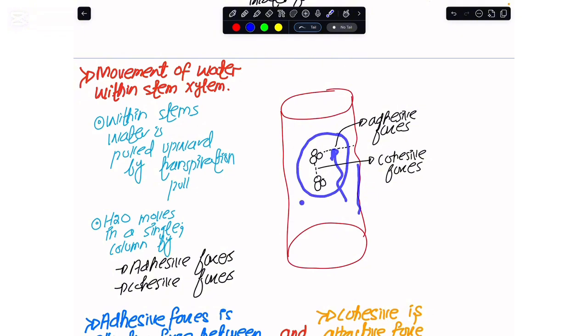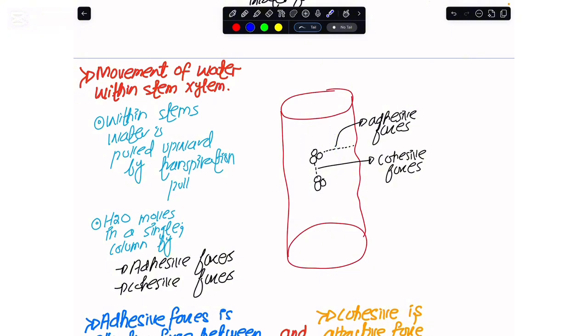Within the stem, water molecules are attracted to one another with the help of cohesive forces, and they are attracted toward the surrounding walls of the xylem vessels with the help of adhesive forces, and that would allow the transpiration pull to pull the water upward in the form of a continuous stream.